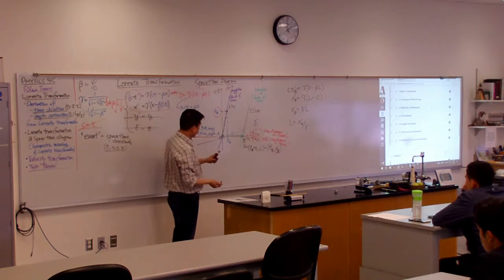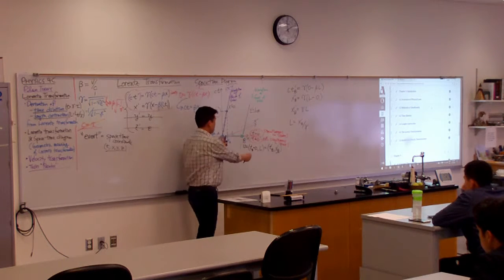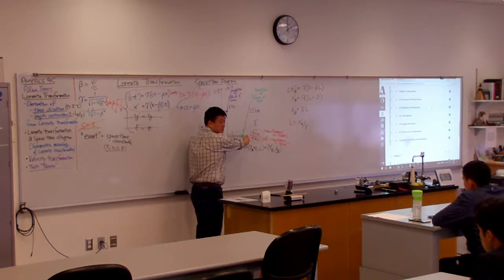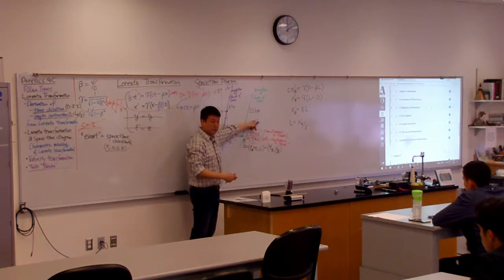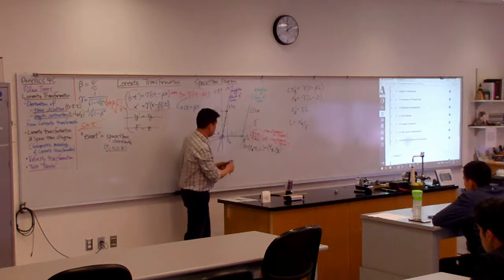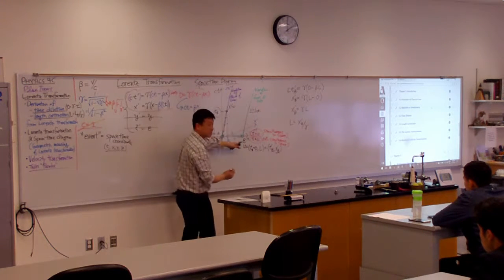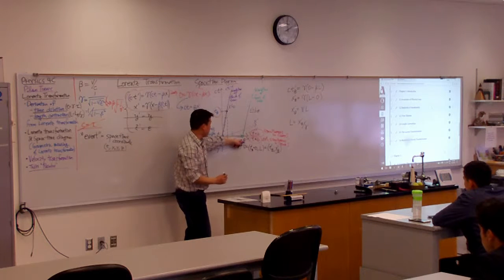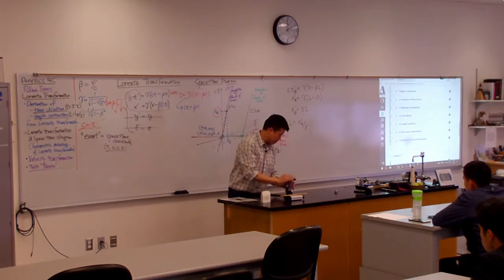So when you have two events, A and B, that are simultaneous in your unprimed coordinate system, they are not simultaneous in the other primed coordinate system. B happens earlier because the parallel line that goes through B is below this. So B happens before A happens. So this is how it looks.